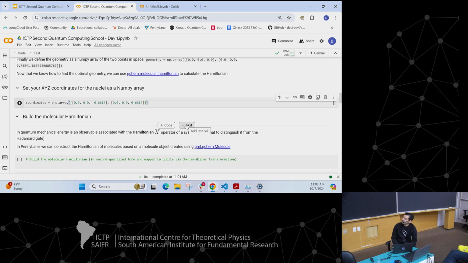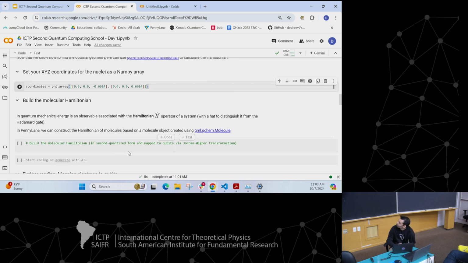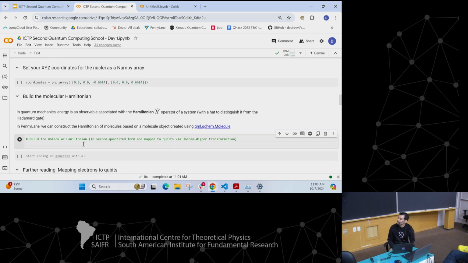So once you've defined the molecule that you're interested in, you want to build the molecular Hamiltonian in second quantized form and do the Jordan-Wigner mapping that I talked about earlier, and we're going to see that we're going to get those 15 terms that I showed you before. So to do that, we're going to build our molecule object.